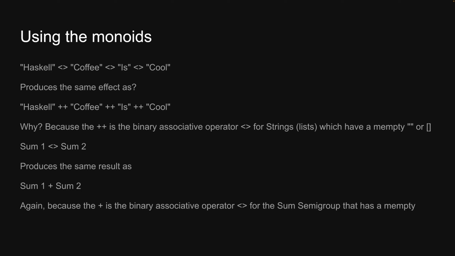If we look at a string, or list of chars, you might be able to use the semigroup operator on those lists of chars, and you would have this: "Haskell" mappend "coffee" mappend "is" mappend "cool", and you would ask, does this produce the same effect as "Haskell" ++ "coffee" ++ "is" ++ "cool"?